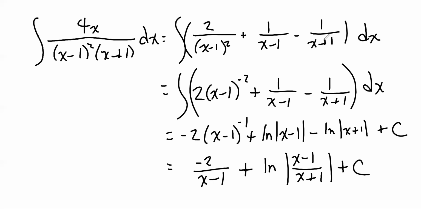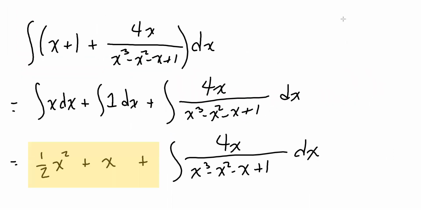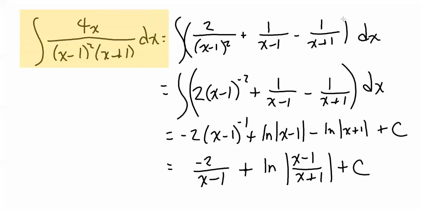But even this isn't our answer. What you're looking at is the answer to this integral, but that integral was the tail end of this problem, and so we have to glue together all of our answers. So our final answer is going to be 1/2 x squared plus x plus the answer that we got there.